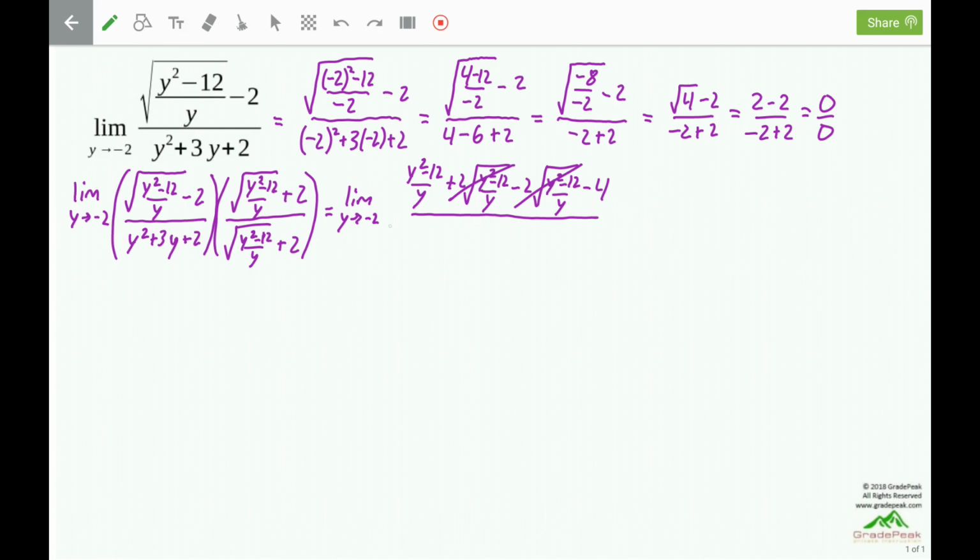In the denominator, we do not have root conjugates, so I will not FOIL the denominator out. They are multiplying each other, but I'm going to keep them multiplying in a factored form.